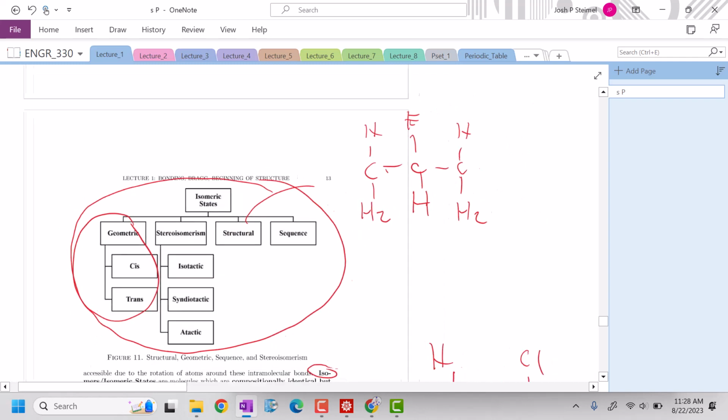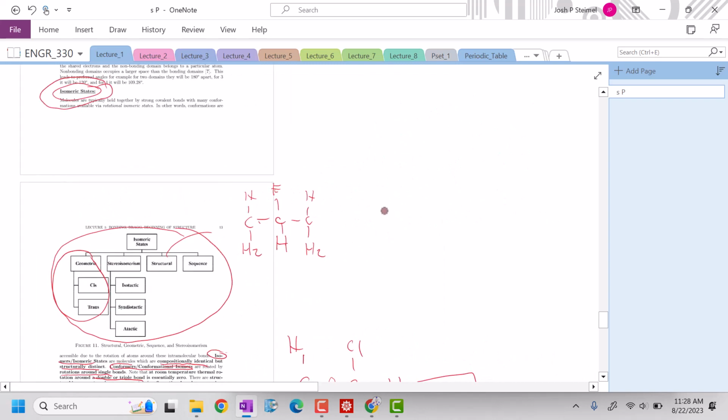And then let's say we have another molecule that looks like this, where it's C, F, H, C, H dash C, H2. Yeah. So this would be an example of a structural isomer.